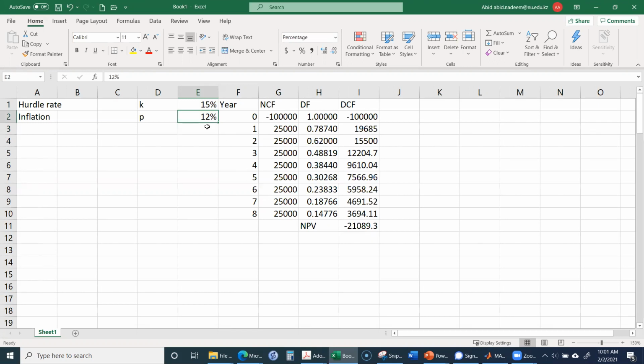So here I can see that if the inflation has increased, then the net present value has become negative. For larger inflation, the discounted cash flow becomes less and less, and the worth of the money will become less and less.